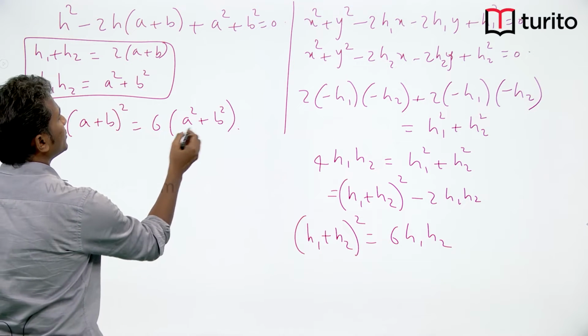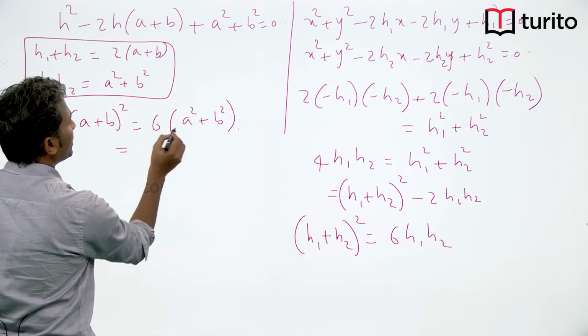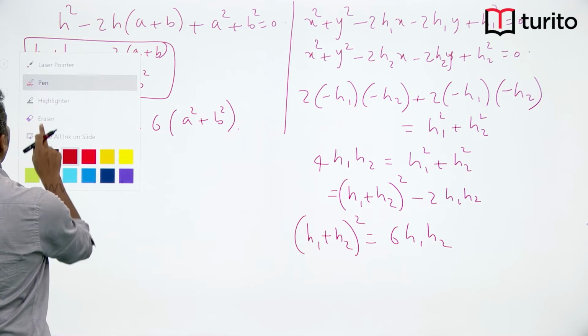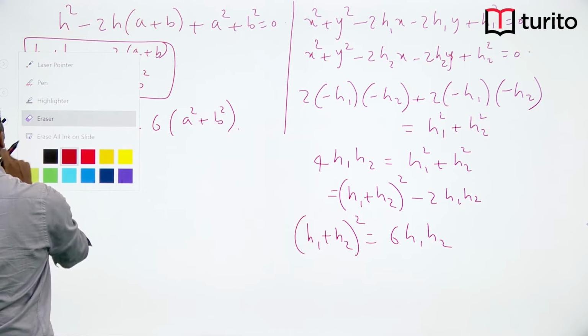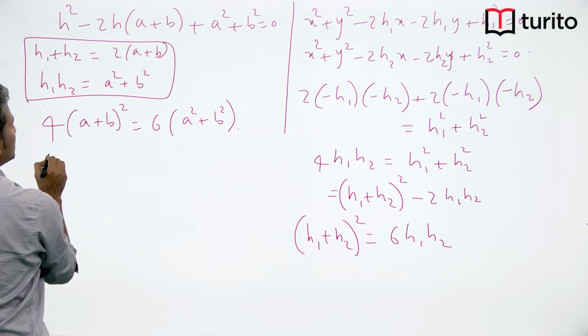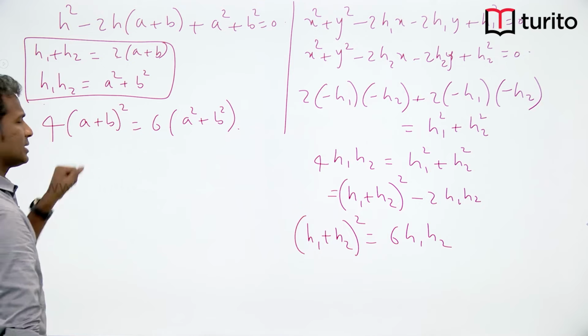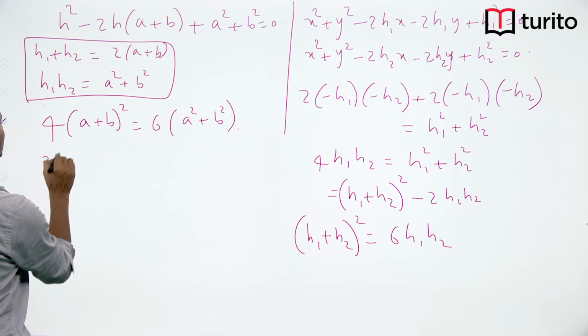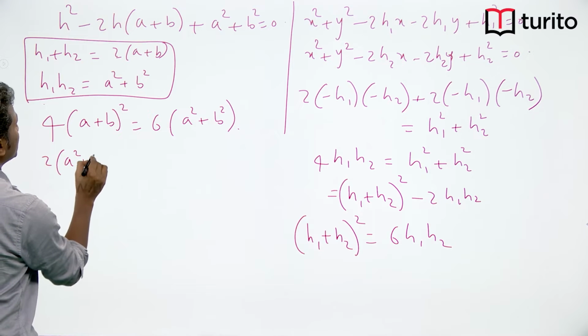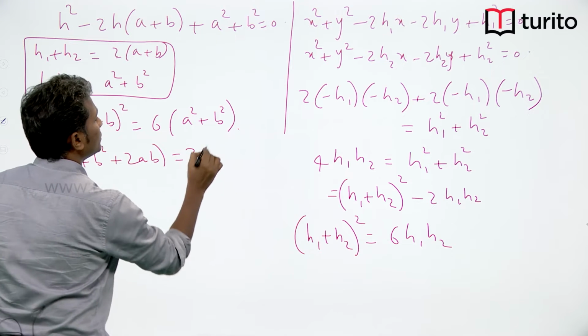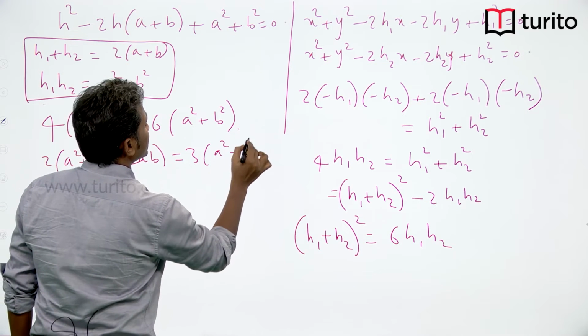So what I will try to do is I will convert this also into A plus B whole square, or I can break this, it does not matter. So I will break LHS. So here anyways 1 2 is getting cancelled, so I will cancel it and write the remaining. So 2 into A square plus B square plus 2AB is equal to 3 into A square plus B square.